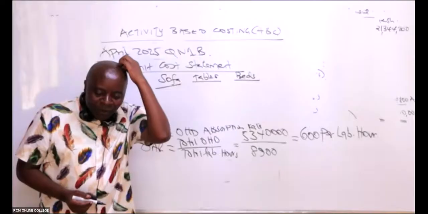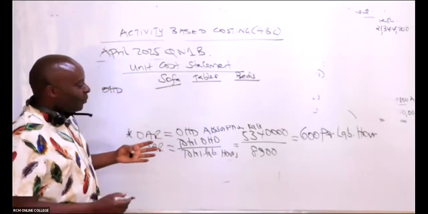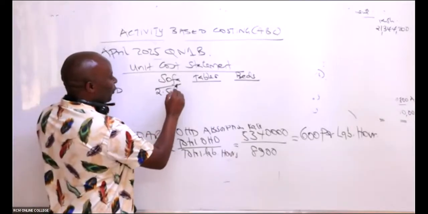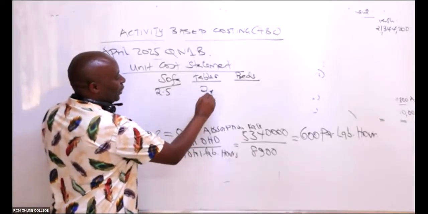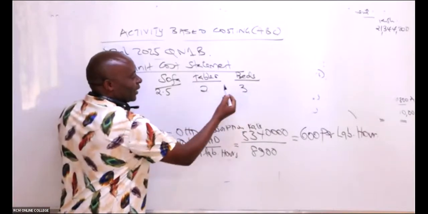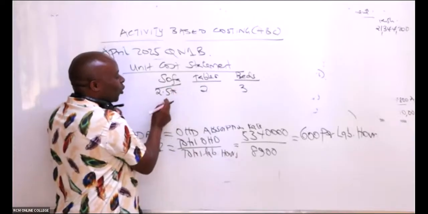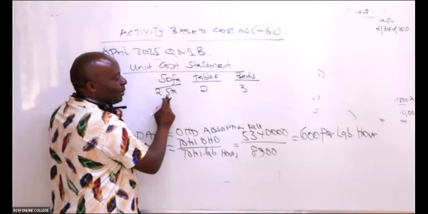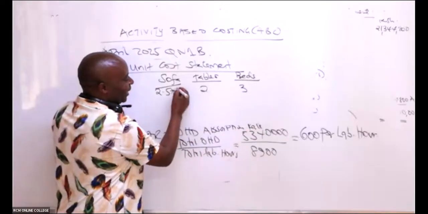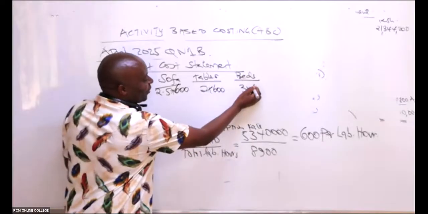It's given there: 2.5. Tables, you told me we need 2 hours. And then beds, 3 hours. The overhead cost per hour is 600.